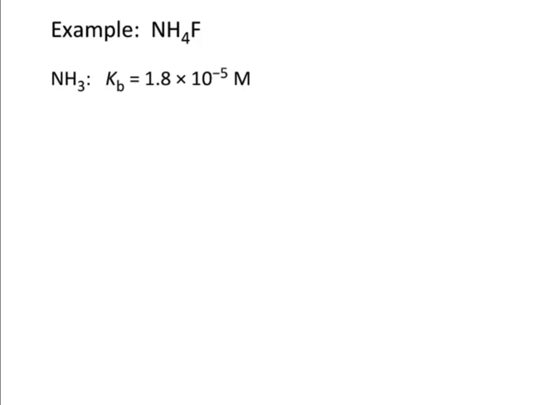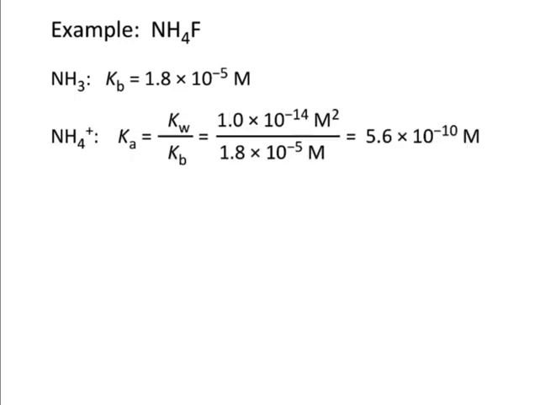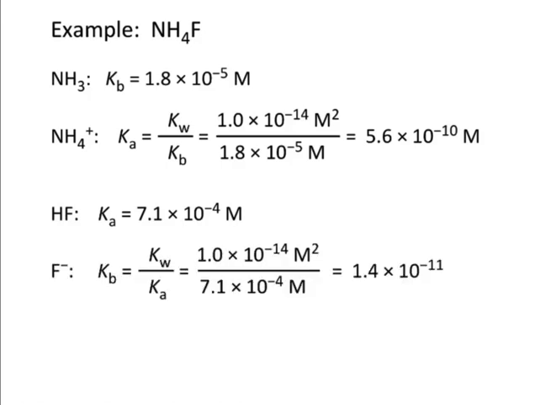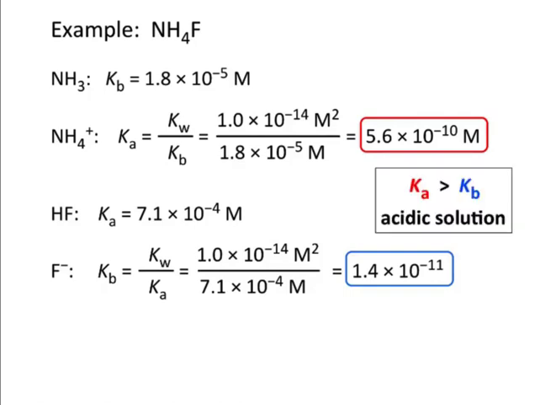So you look up the Kb for ammonia, convert it to Ka for ammonium. Similarly, look up the Ka for hydrofluoric acid, and then convert it to the Kb for fluoride. Now, 10 to the negative 10th is bigger than 10 to the negative 11th, so that means this solution's acidic.